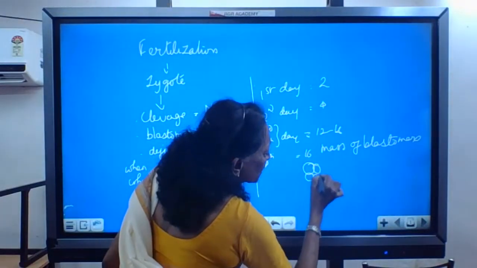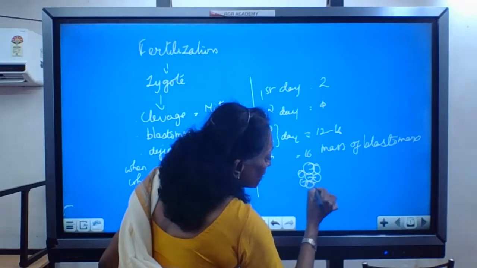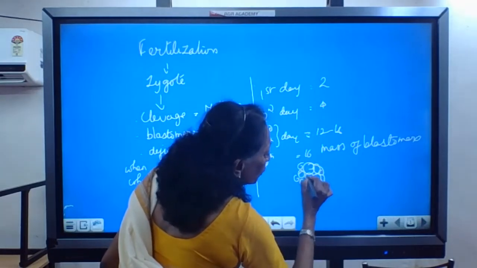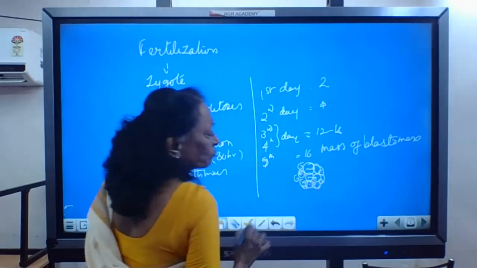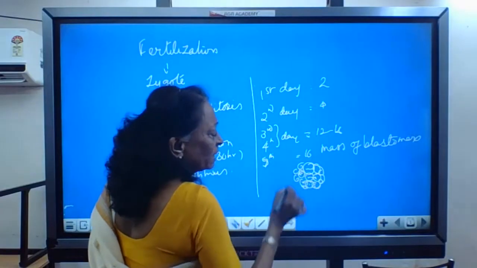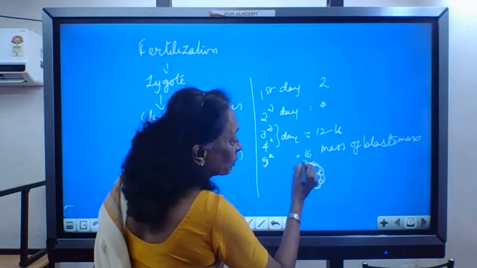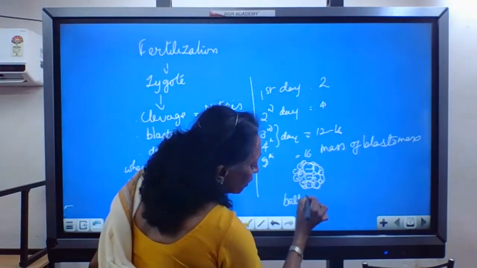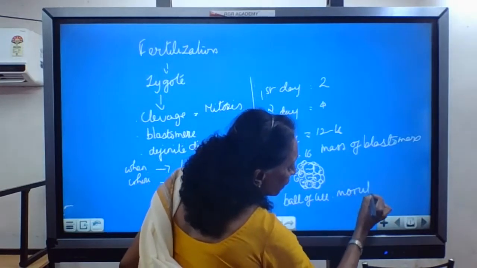Each one is a cell, and has a nucleus. In this, the central cells will be a little larger, and the peripheral cells will be smaller ones. The outer side will be smaller ones. Now this ball of cells is called the morula, or blastula.